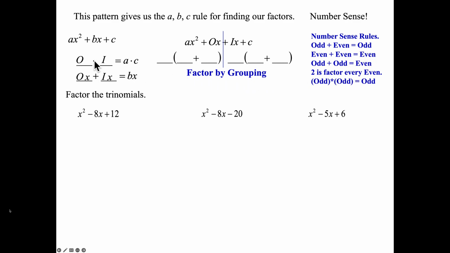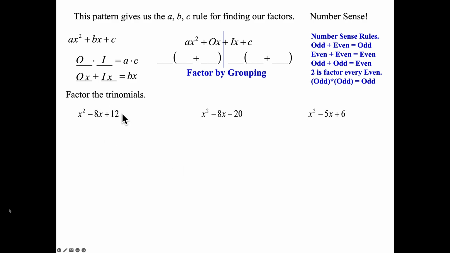Remember, when you multiply, if your a times c becomes even, 2 is a factor of every even number. That will be important. And if a times c is odd, then the only way you can get odd numbers is an odd times an odd. Okay, so looking at some examples here, and then we're going to start to create patterns and shortcuts for this ABC rule or AC rule of factoring.